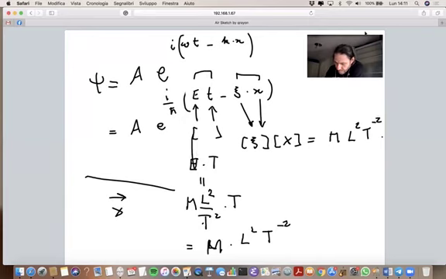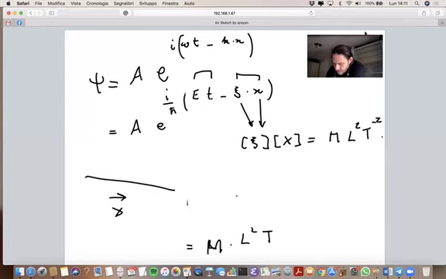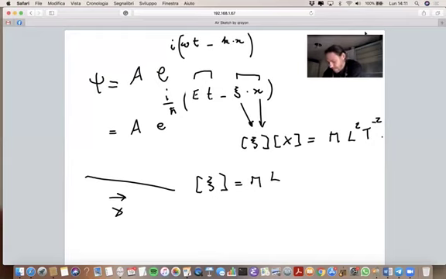Now, because of dimensional uniformity, which means essentially that I can trace out the dimension of ξ. The dimension of ξ is basically given by the mass, and then I have a length, and then I have a time to the minus 1.